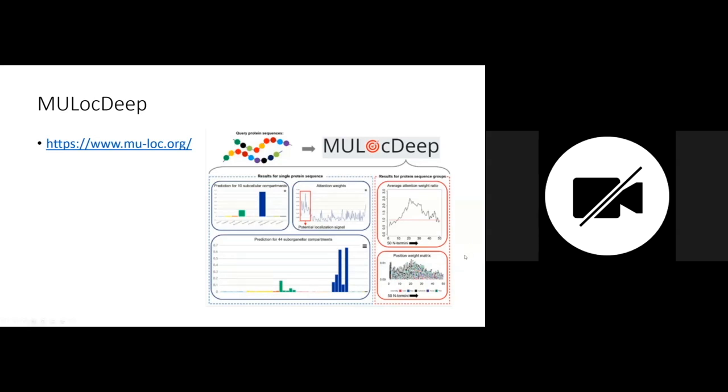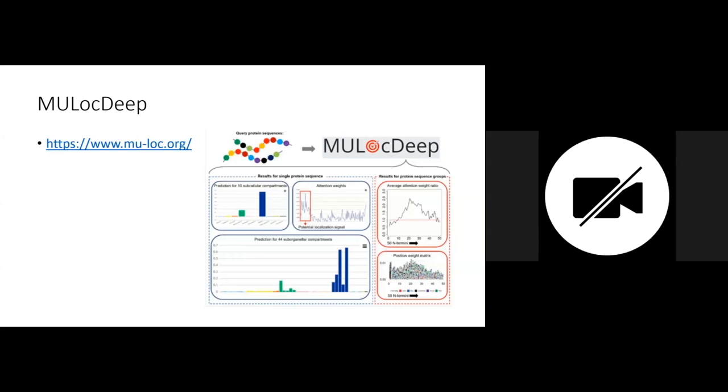And so we also uniquely provide some prediction results for protein groups. For example, we calculated the average attention scores for protein groups and drew this position weight matrix. So, for example, our tool predicts a bunch of proteins as mitochondrion, and we calculate the average attention scores for this mitochondrial group.